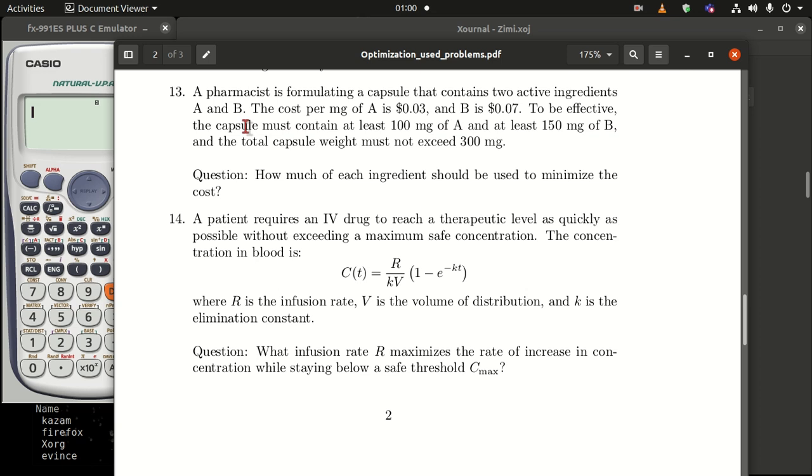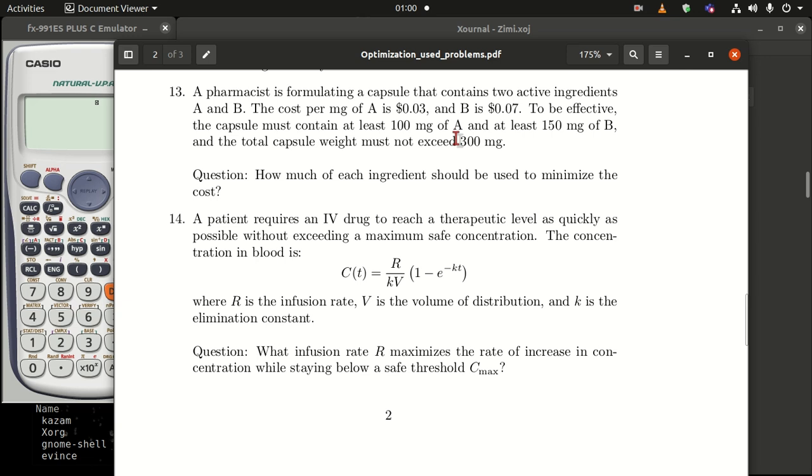To be effective, the capsule must contain at least 100 mg of A and at least 150 mg of B, and the total capsule weight must not exceed 300 mg.